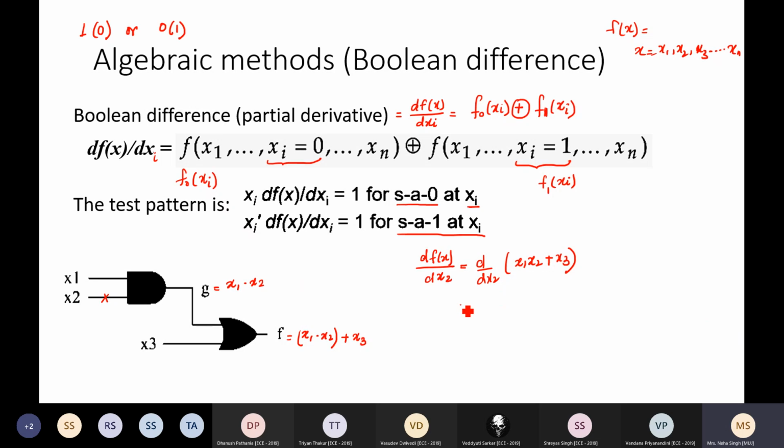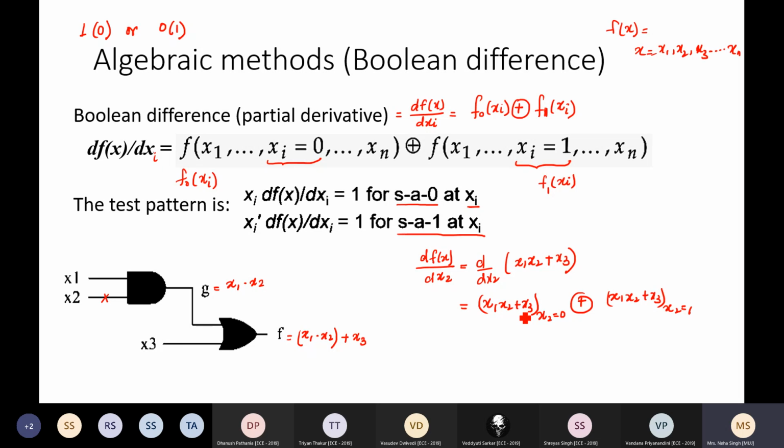So what does this mean? This means that I have to evaluate x1 x2 plus x3 at x2 equal to 0 XOR x1 x2 plus x3 evaluated at x2 equal to 1.